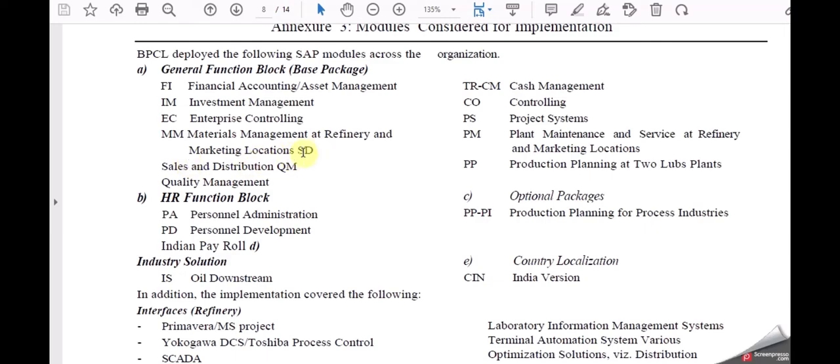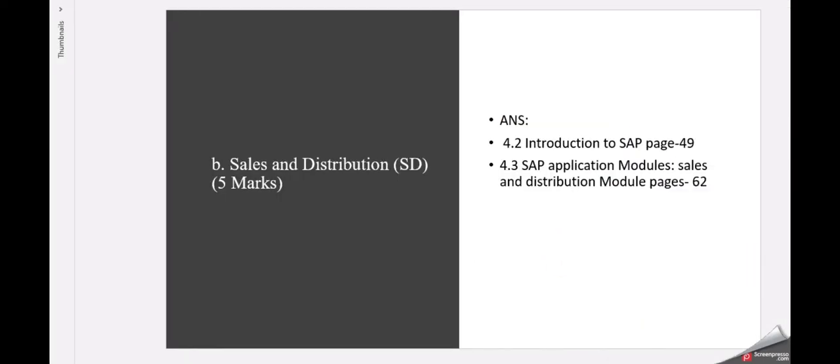I think this is just an issue of formatting here. So materials management at refinery and marketing locations, sales and distribution at marketing locations, and the quality management system. This is what they have planned as basic modules. Okay, guys, thank you so much.